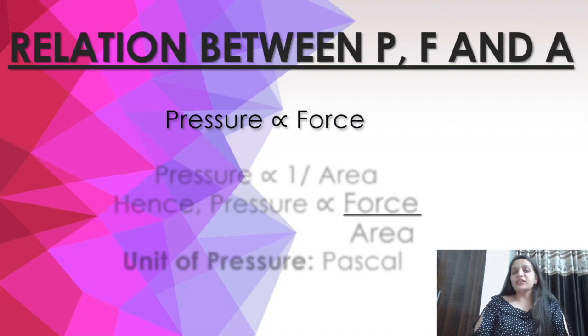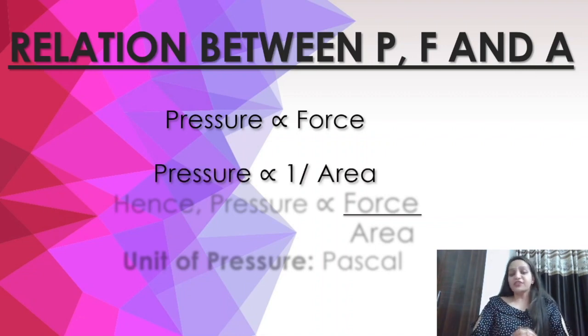In this way, we can find the relation between pressure, force, and area. The first relation is that pressure is proportional to force. Proportional means if you increase the force, it will cause an increase in the pressure. Second, pressure is inversely proportional to area, or we can say it is proportional to the reciprocal of area. This means that if you decrease the area, the pressure will increase and vice versa.